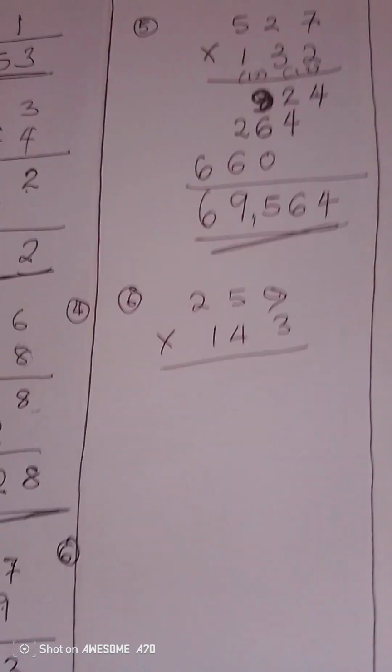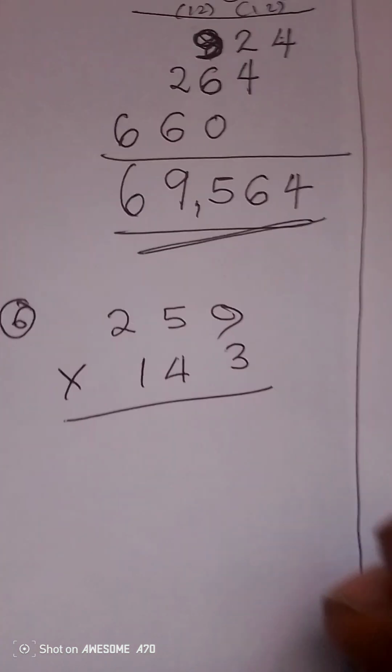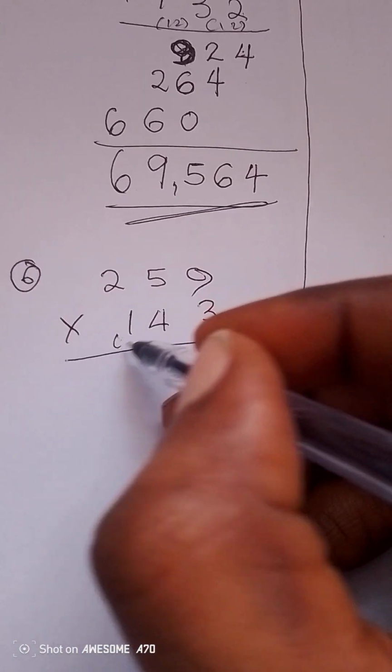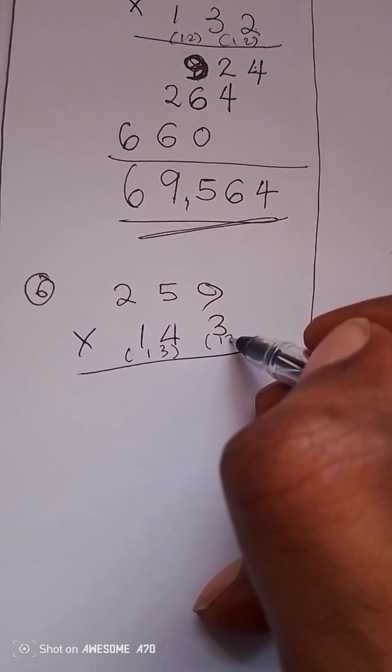259 multiplied by 143. Using the same method, the same way we just did, 143 is 11 multiplied by 13. So as I said earlier, in the one we did earlier, just take it as if this is 13 and 13.